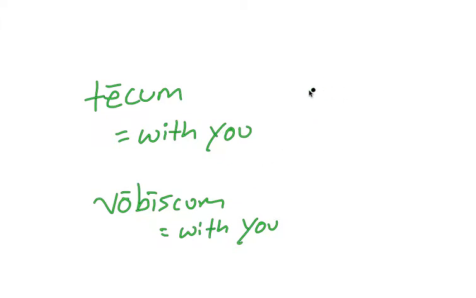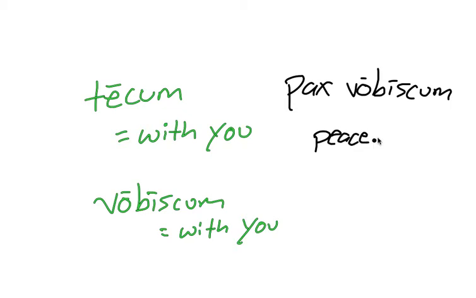You may be familiar with the Latin phrase pax vobiscum, which means peace be with you. Okay, and so that's why it's vobis cum, because these pronouns, first and second person, attach cum as an enclitic in the ablative forms.